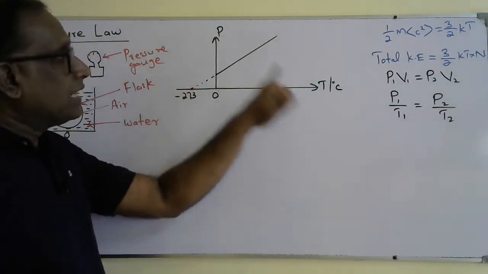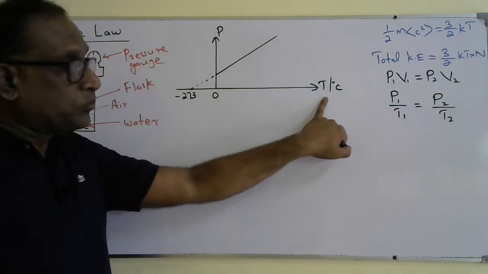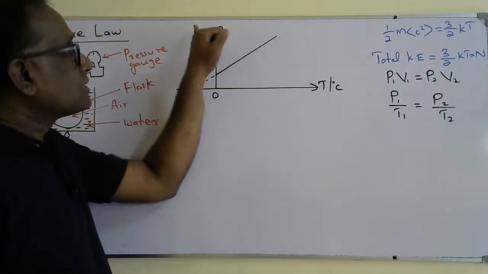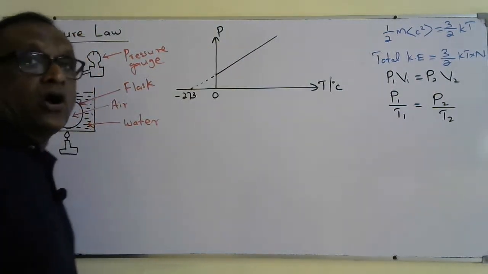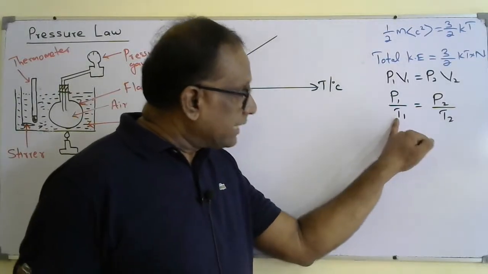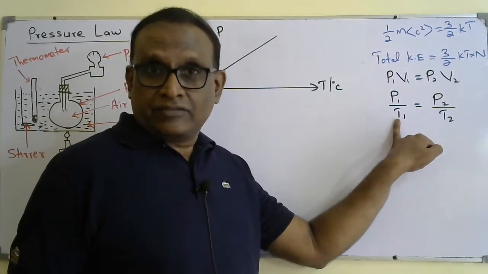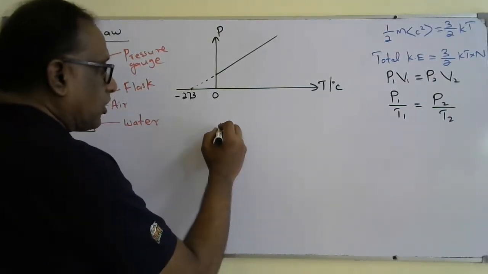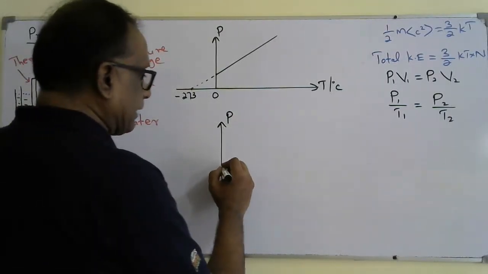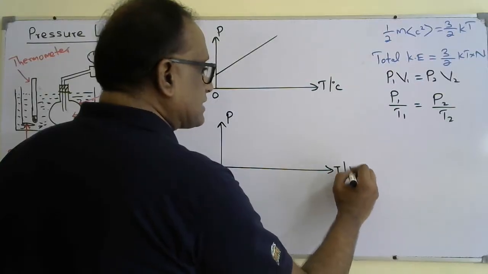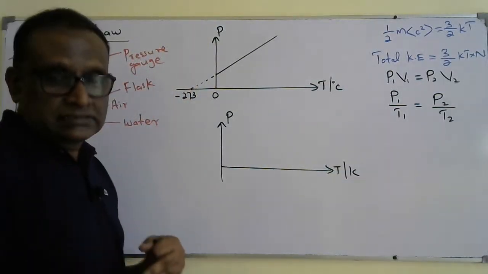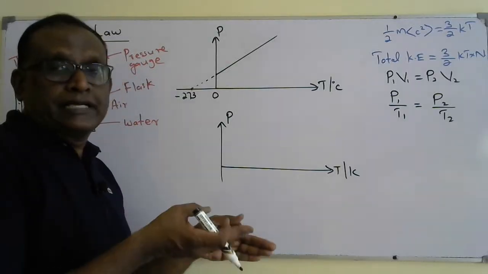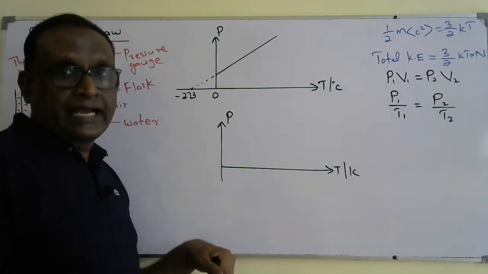So here we can't say pressure is directly proportional to temperature. We can't say that in Celsius scale because the graph is not passing through the origin. So that's the reason we say the temperature must be in Kelvin scale. Now when you convert the temperature to Kelvin scale and draw the graph of pressure against temperature in Kelvin scale, you should take at least 10 different readings, different temperatures and the relevant pressure of the air in the flask.